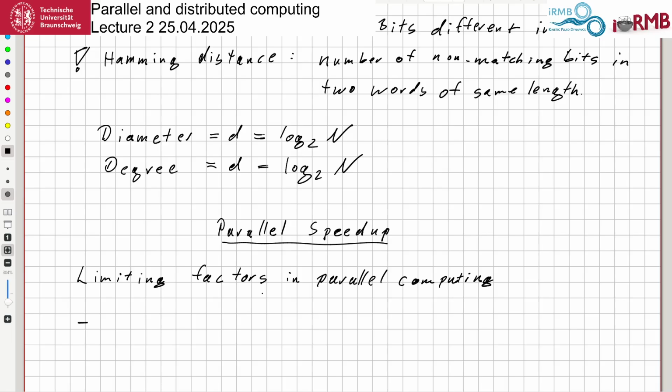Yeah, so what are things that hinder us from doing everything just in parallel? There are, of course, data dependencies. Data dependencies means that something I want to do depends on something else that I have to do, and this forces us to use sequential execution.